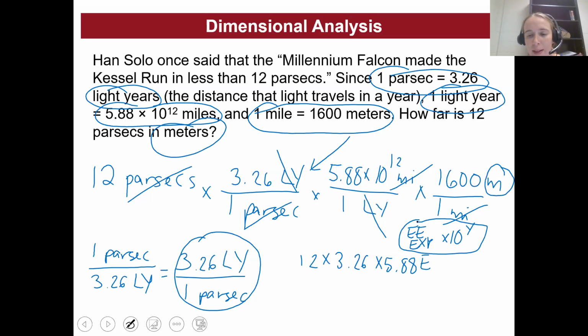You're going to plug that in and it's going to give you a capital E, and then next to the capital E you put a 12 and then times 1,600. So you can plug it all in one step. And when you do that, you're going to end up with, let me plug it in right now with you guys.